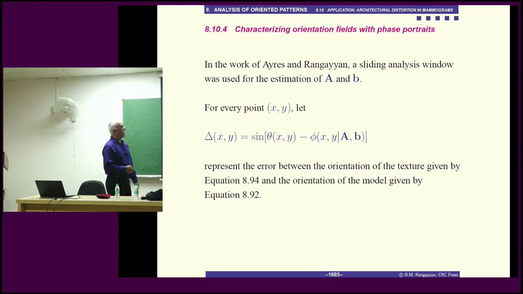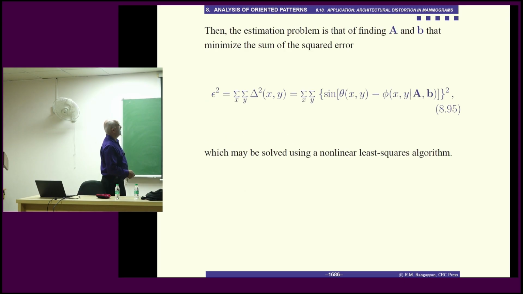Now, how do you characterize this with phase portraits? So let this delta(x,y) be the sine of theta(x,y) minus phi(x,y) given A, B. You have found, you want to find A and B. There is an error. That is the error and you want to minimize that and find the A and B parameters that minimize this error.